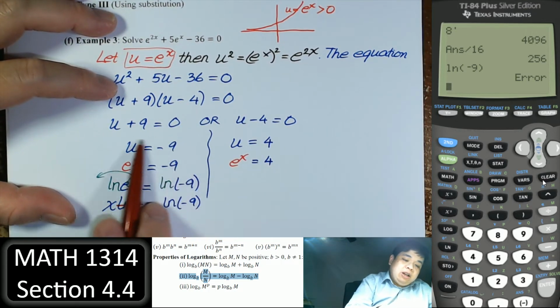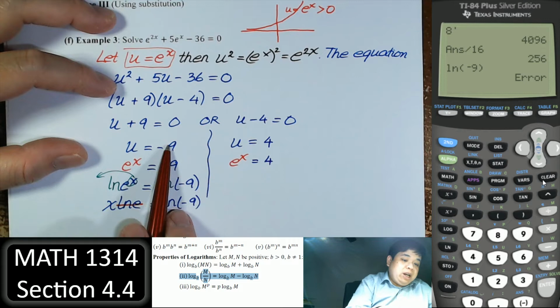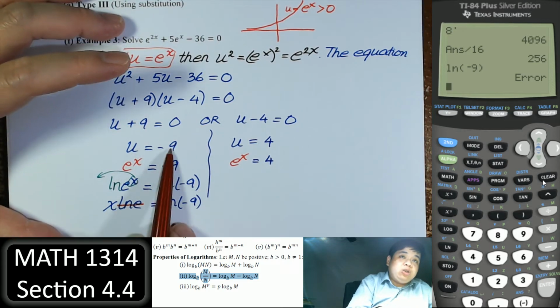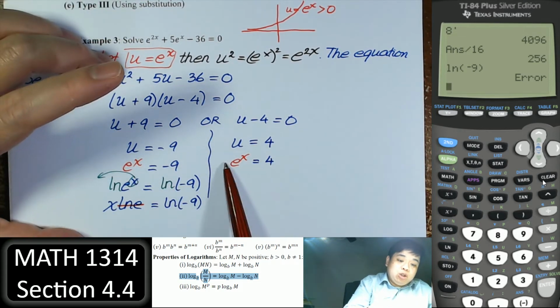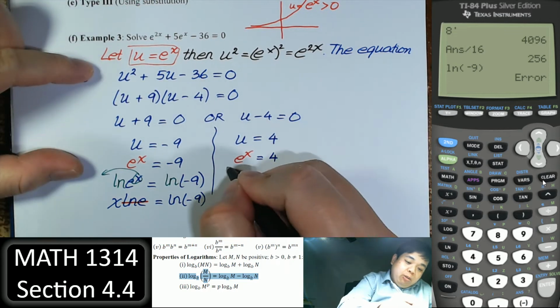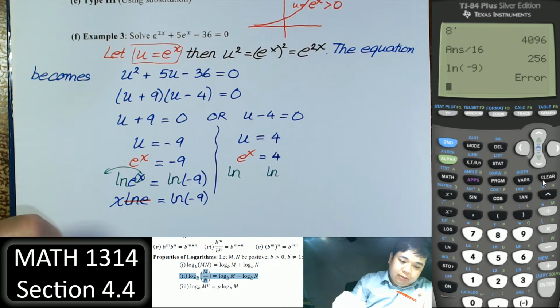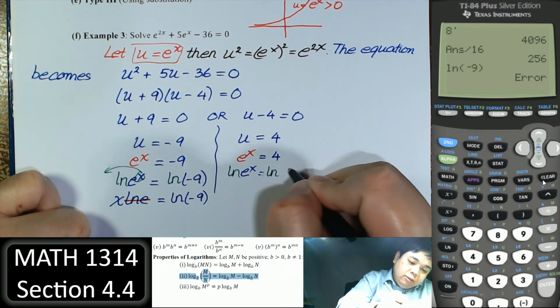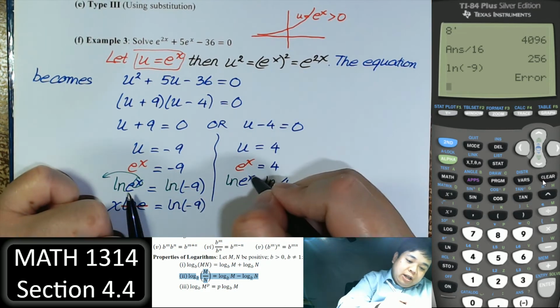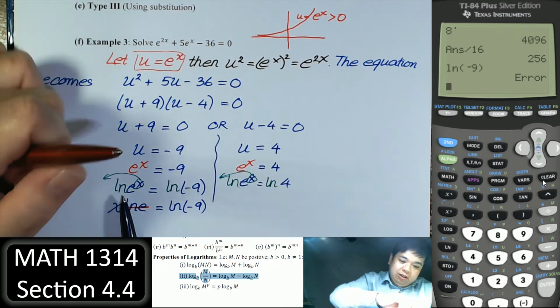So that's why from here we should not get any solution. Right? We have the solution here though. We take ln on both sides, and take the x down.